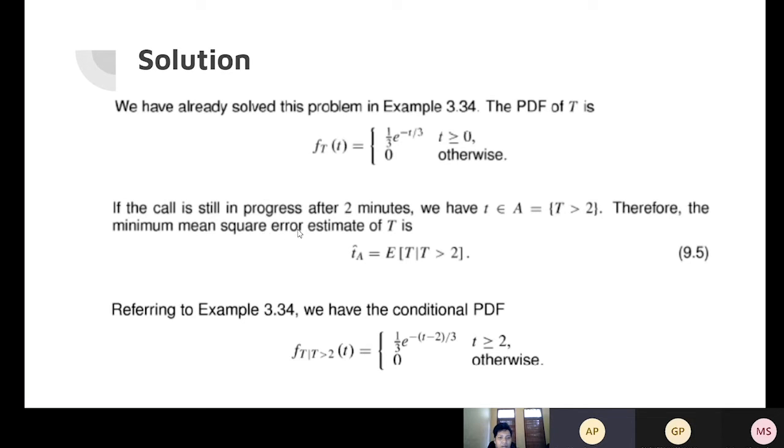Therefore, the minimum mean square error estimate of t can be written with this formula, which is t_A, the estimate of t given that t is greater than 2 minutes. By plugging in this value, we have the conditional PDF of this problem, which is 1 over 3 times the exponential power of this expression, for time equal to or greater than 2 minutes.